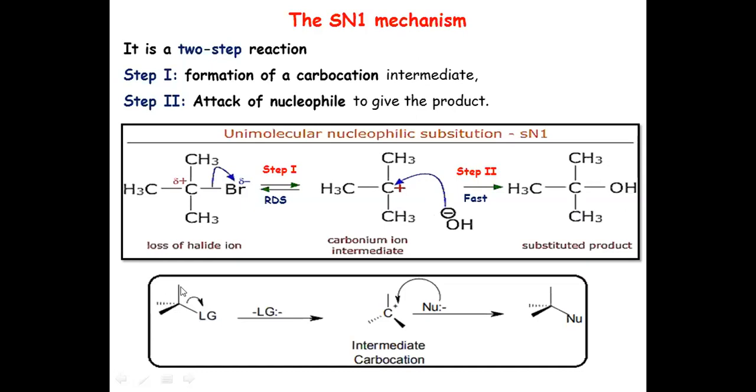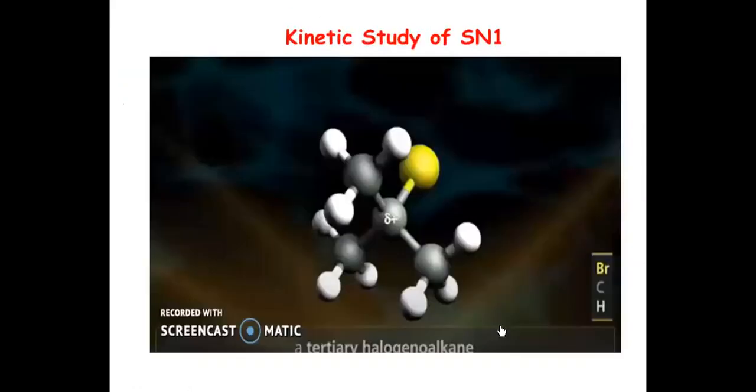If it is an sp3 hybridized carbon, you have a leaving group. First the leaving group will depart. You get a trigonal planar sp2 hybridized carbocation intermediate, and now the nucleophile will come, attack this carbon and form the product. Now the leaving group is replaced by the nucleophile.